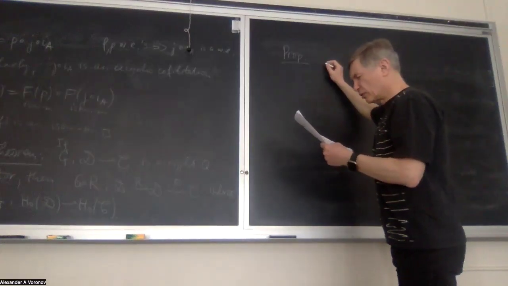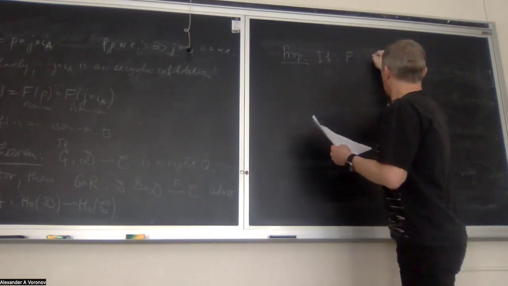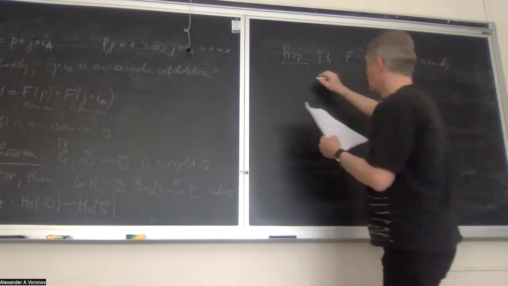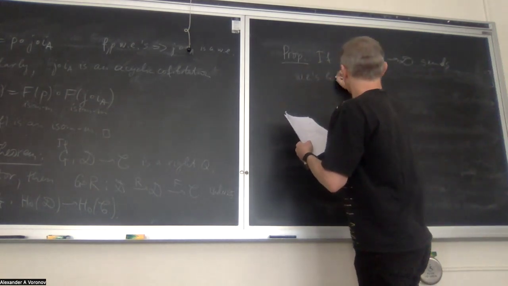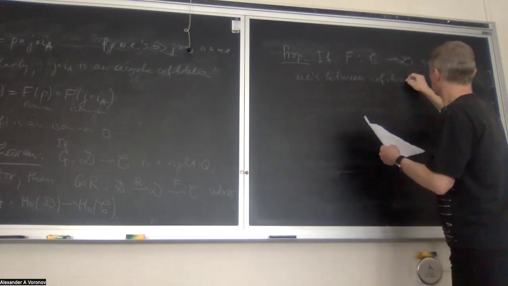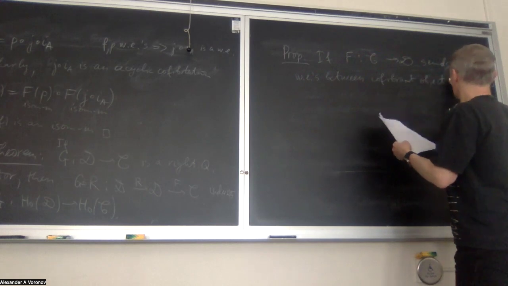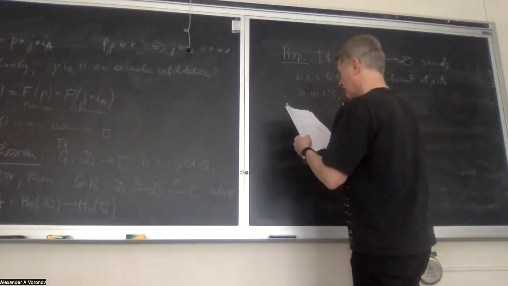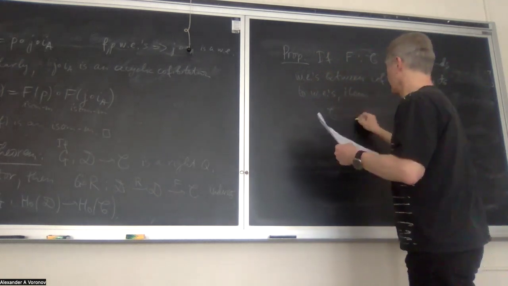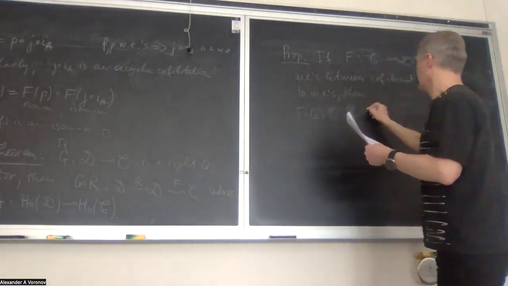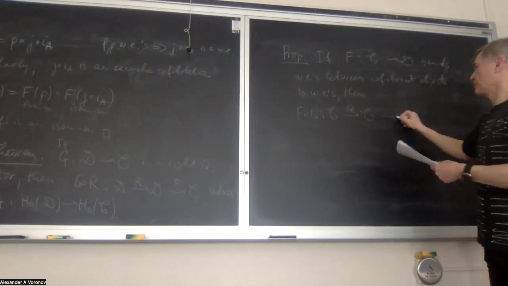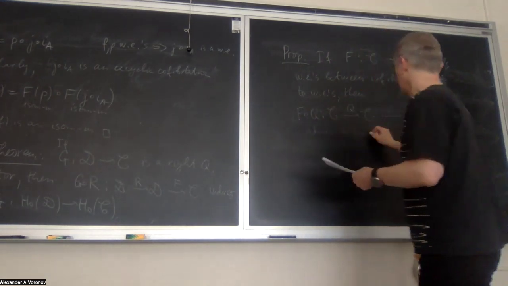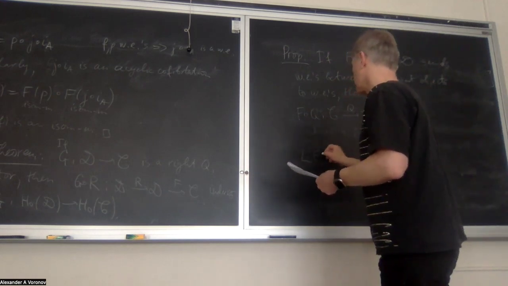Namely, the proposition is that if F is a functor from a model category C to D, which sends weak equivalences between cofibrant objects to weak equivalences, then again the composition F Q, where Q takes C to C and F takes C to D, induces a well-defined functor between the homotopy categories, which we also call LF.